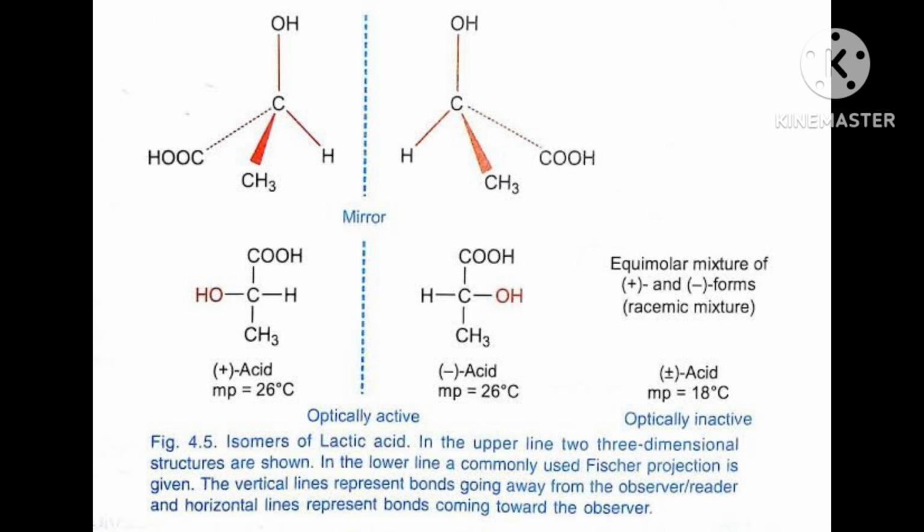Then the carbocation formed in the slow step, being sp2 hybridized, is achiral, or it will be planar. Correct?